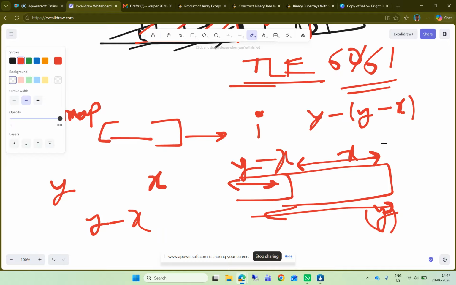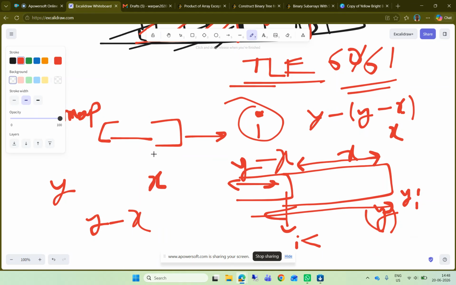That means we have our goal as a subarray sum. But the problem is, as I told you, this map stores the index at which the prefix sum is calculated. So this will be i, and this i has to be less than the index of y. Only then can this schematic be practical. So this has to be valid.